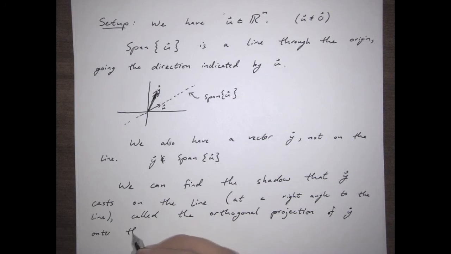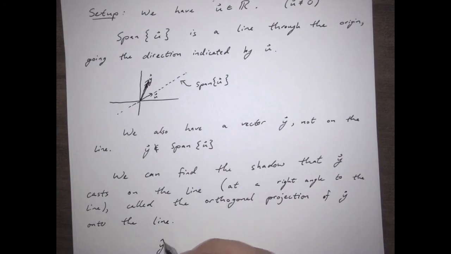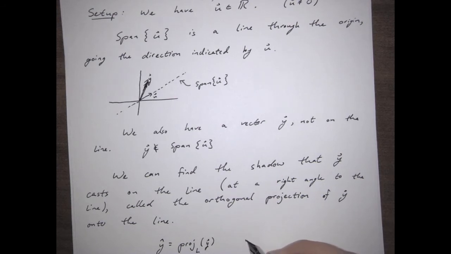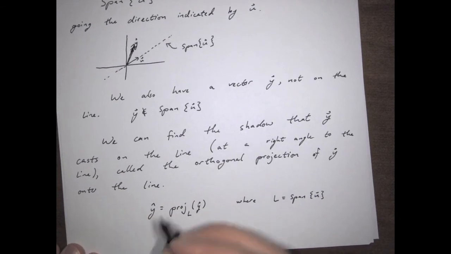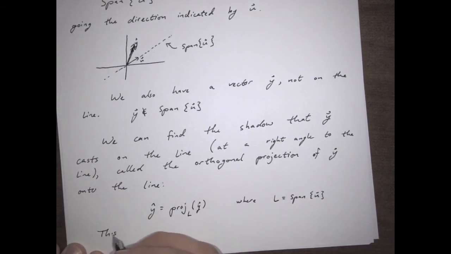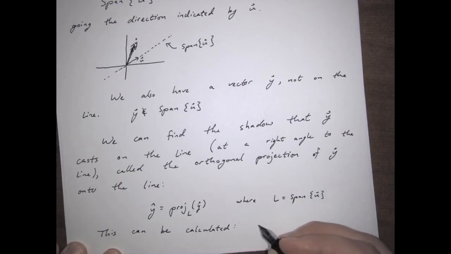And the way we write it is, we write y hat to mean this orthogonal projection, and it's equal to the projection on L, where L is this line, of y, where L equals span of u, and this can be calculated.